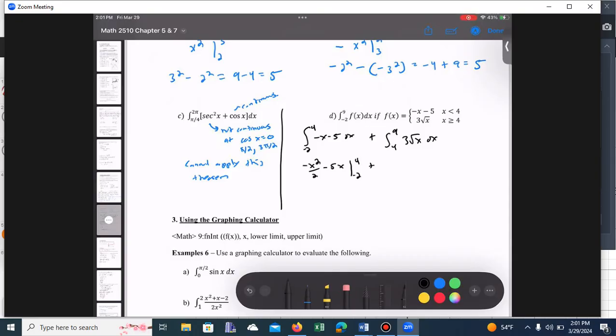And then this integral, we're going to raise the power by 1, so we'll look at x to the 3 halves, and then we divide it by that 3 halves, which is the same thing as multiplying it by 2 over 3, and we integrate this from 4 to 9. So a little simplifying here. Those 3's cancel, so we don't have to worry about that.